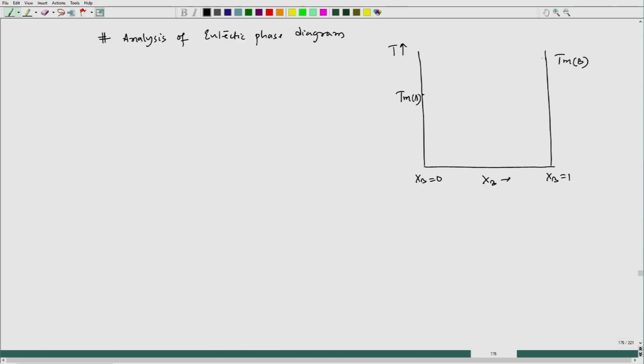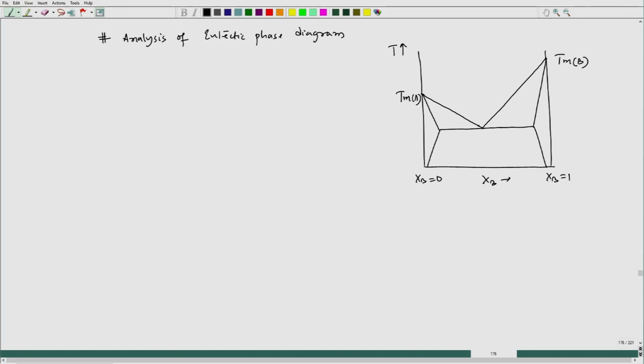So, now these 2 points, if I draw it in a simple fashion without putting any curve, let us say this is my eutectic point. Okay. This is a typical eutectic where we have terminal solid solutions and we have one eutectic point.